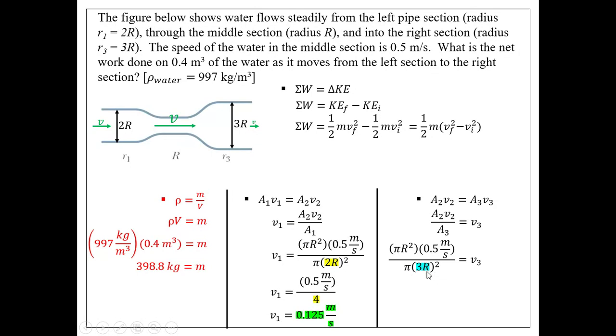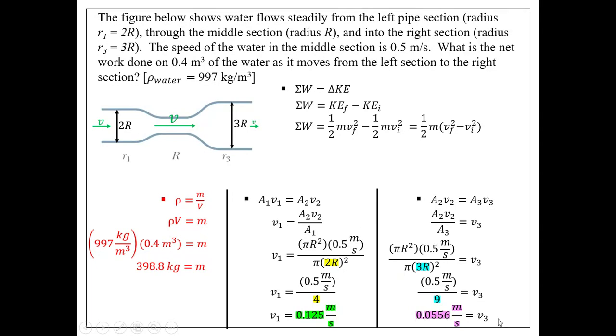But in this case, the radius is 3 capital R. Likewise, pi cancels out, and if you square the denominator, you get 9R squared. R squared is going to cancel out. The only thing left in the numerator is 0.5 again, and the only thing left in the denominator is 9. Then 0.5 divided by 9 gives you 0.055555 repeating, so I round to 0.0556.